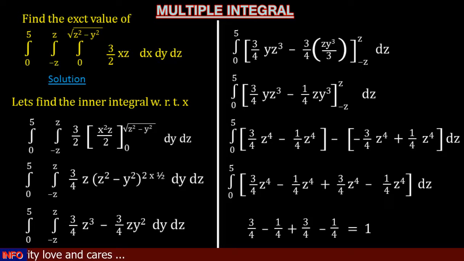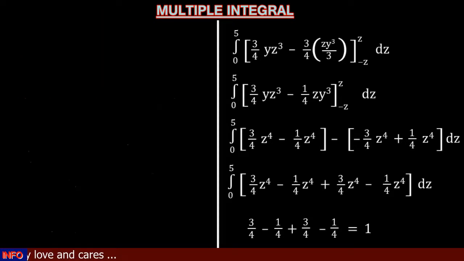So when you evaluate this, it's going to give you z raised to power 4. Okay, so that means here we have the integral from 0 to 5 z raised to power 4 dz.